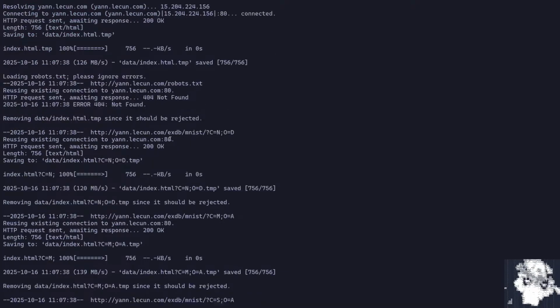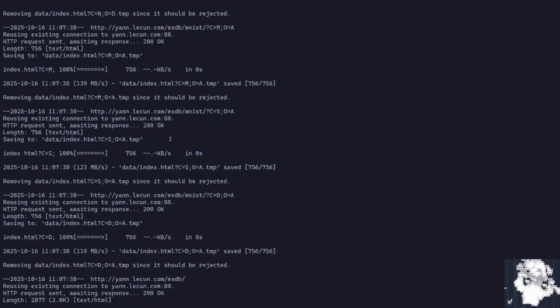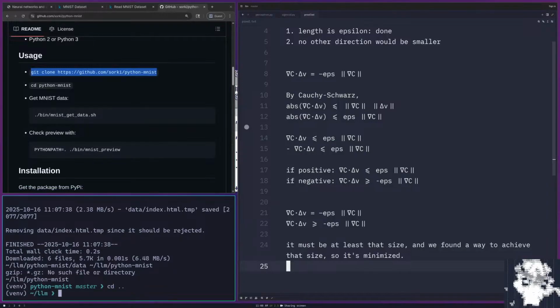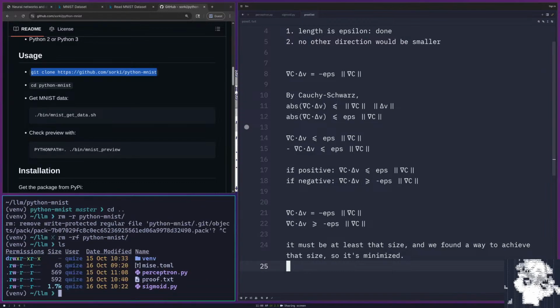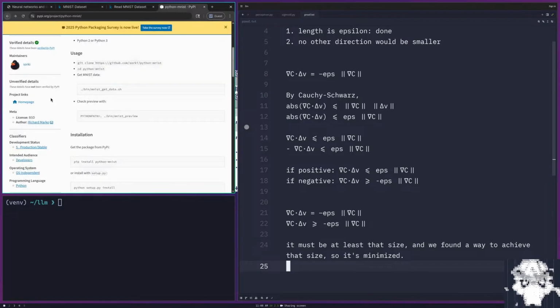I don't even know why it's trying to download robots. I think this might just not work. Okay, rm Python mnist. This isn't going well so far.